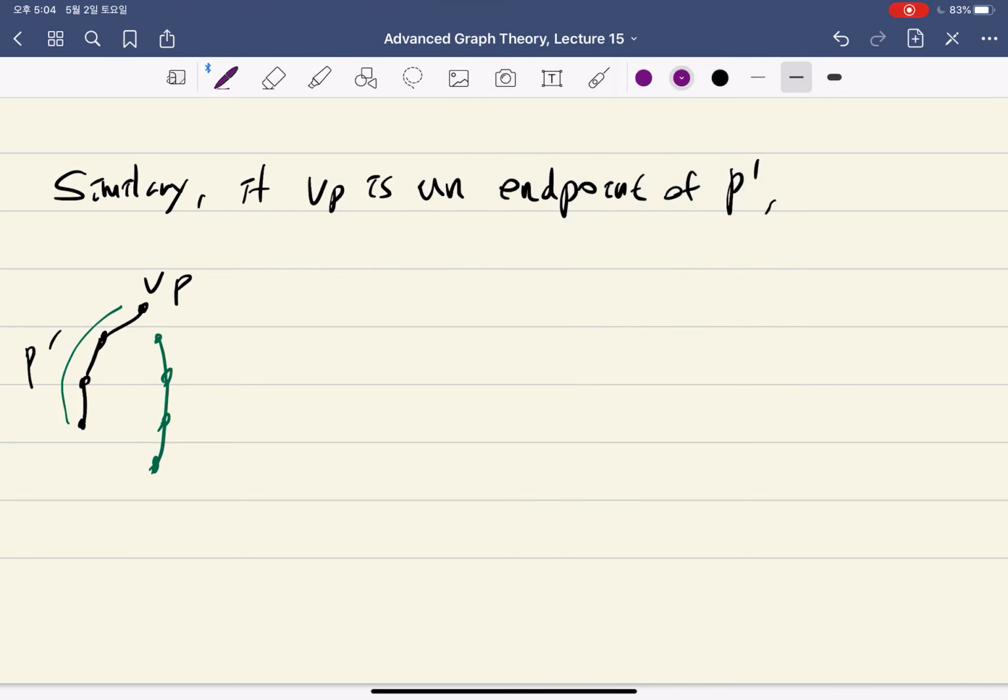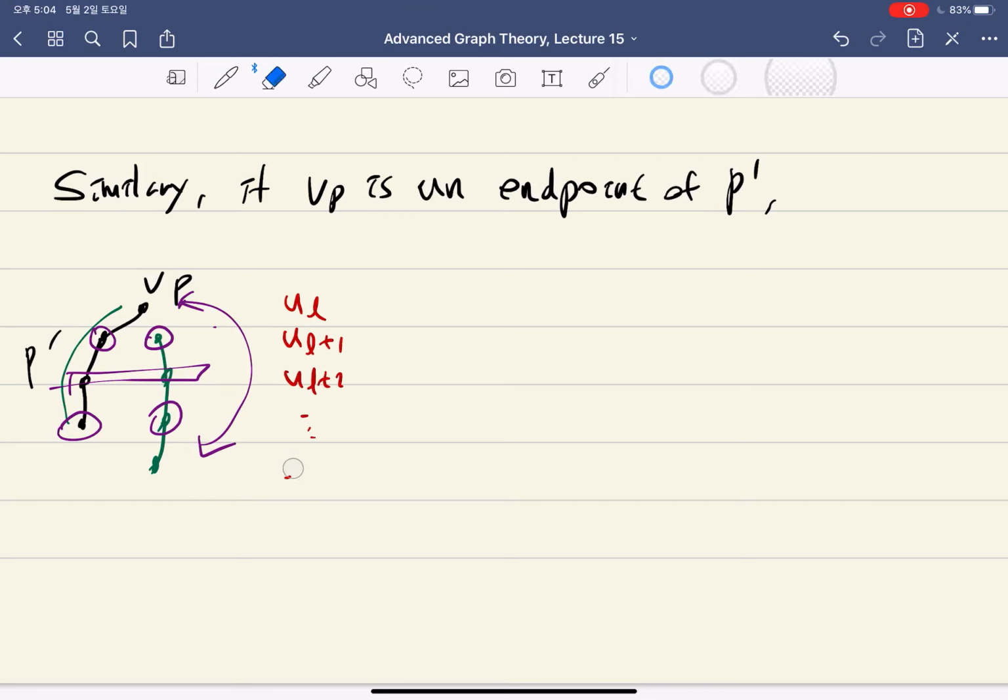So this color and this color must be the same, and this must be the same, and this must be the same. That means in this U, say U L, U L plus 1, U L plus 2, U L plus L prime, these two have the same color, these two have the same color, and so on.